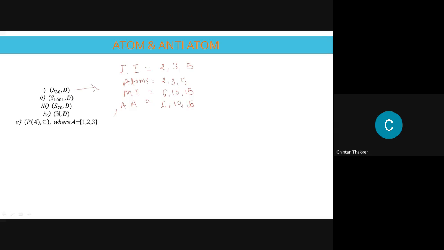Now, similarly, find out the join irreducible, meet irreducible, atoms and anti-atoms of S1001, D. First, draw the Hasse diagram of S1001 and then find out all these four elements and write the answer in the chat box.